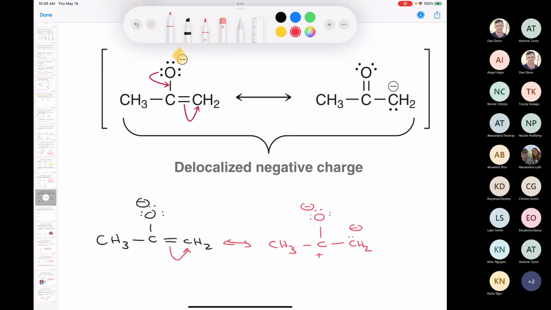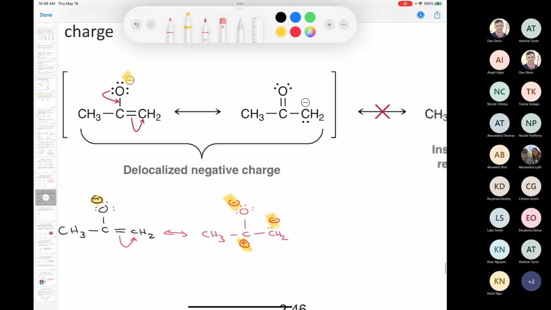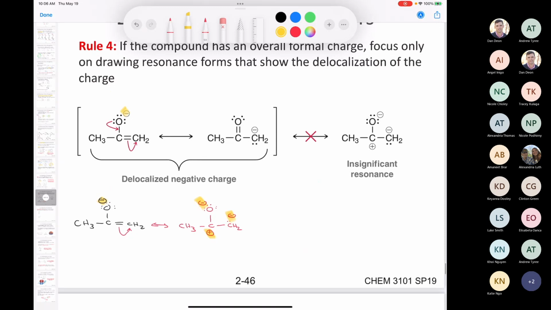So then you'd have a negative and a positive here. Now you're just making more and more formal charges. Okay, you started with 1, and now you've got 3. You always want to avoid doing that. So that is this resonance structure right here. You want to avoid doing that.